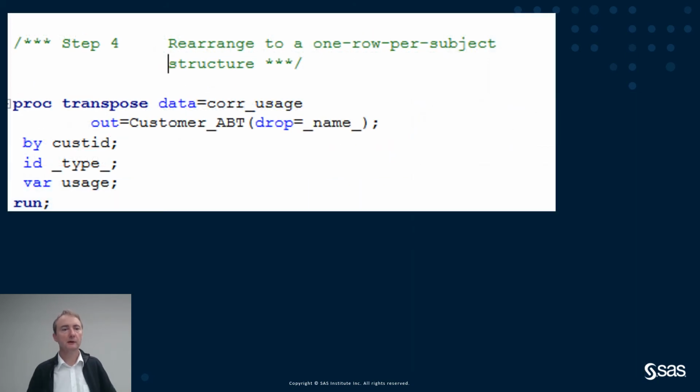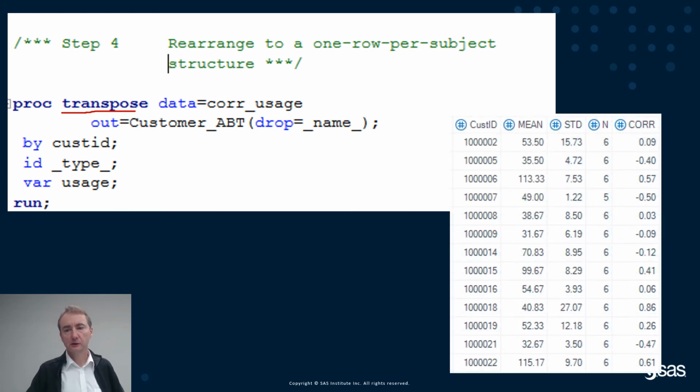We simply use the TRANSPOSE procedure in SAS to transpose the data from a multiple rows per subject structure and put this into a structure where we have one line by customer ID. This is this row which we see here. We say the new column variable is the mean, the standard deviation, the correlation, which we discussed earlier: the level, the variability, and the similarity. And we use the values which we found in the usage column.